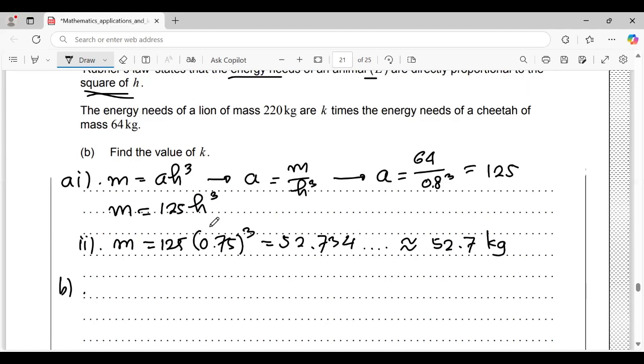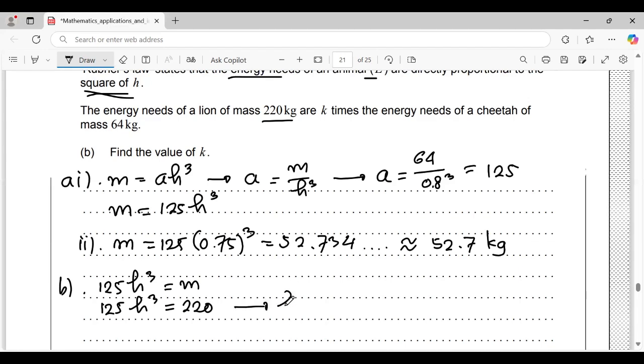So, according to this equation, for mass 220, 125 H cubed equals M. So 125 H cubed equals 220.